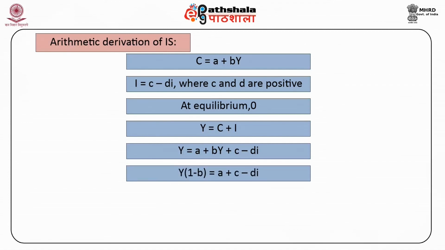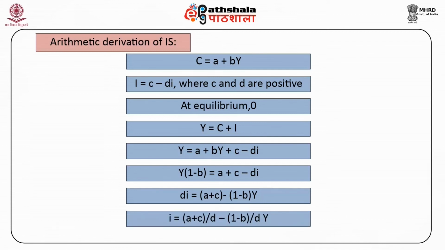Y into 1 minus B is equal to A plus C minus DI. DI is equal to A plus C minus 1 minus B into Y. I is equal to A plus C divided by D minus 1 minus B divided by D into Y. This provides the equation of the IS curve.